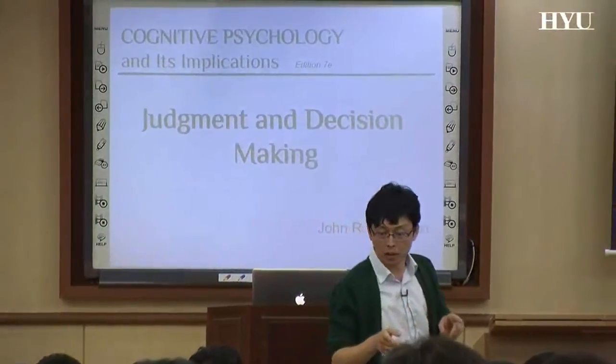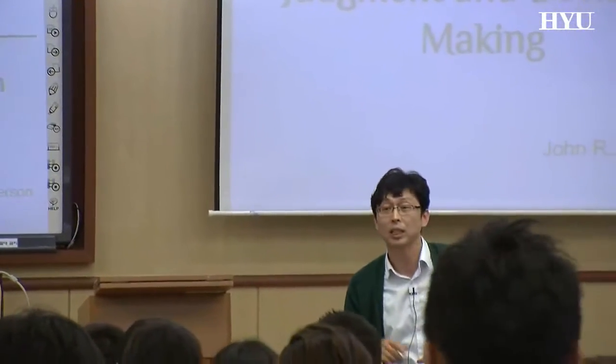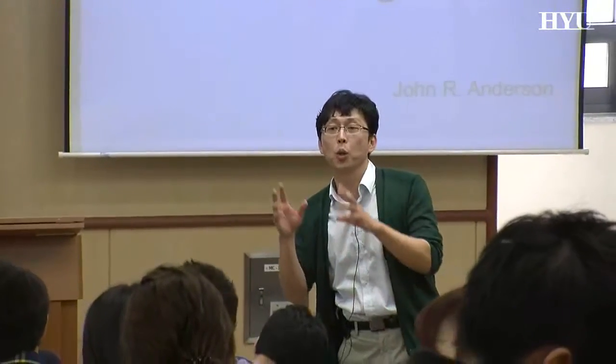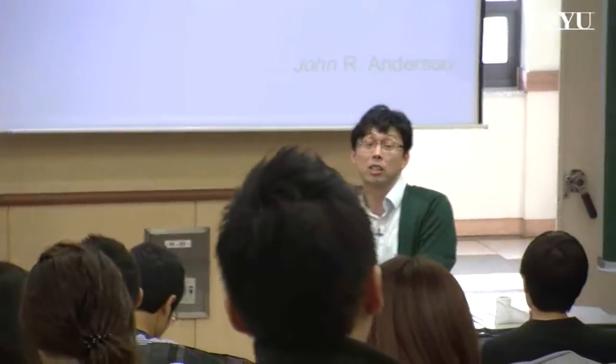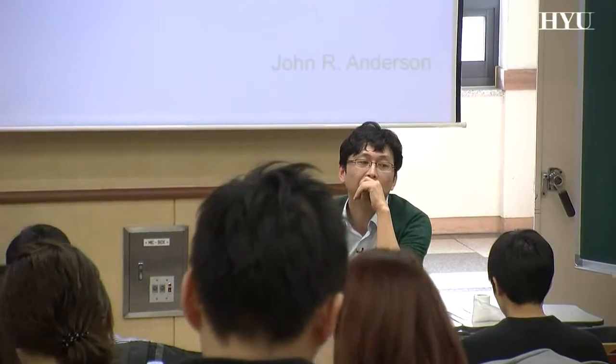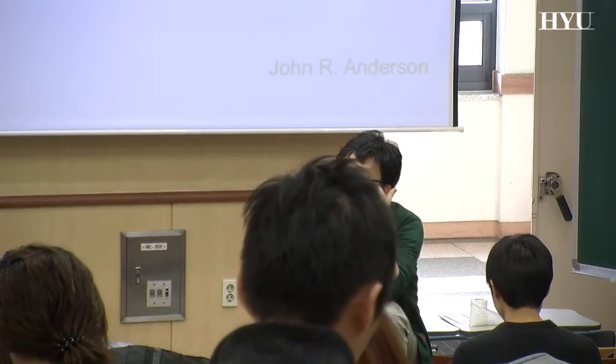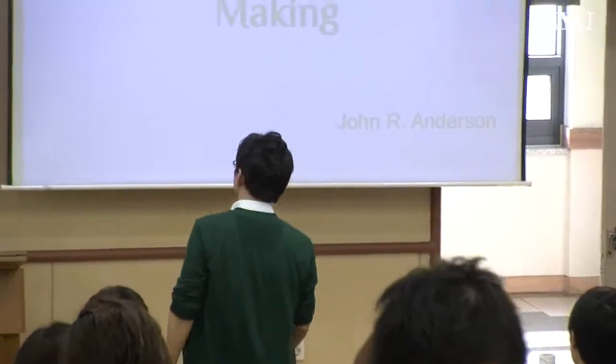We don't have chapter 10, so go directly to chapter 11, decision making. At the end of last week, I showed some examples of fallacy. Our judgment might be wrong. Why? That is the question. Why is our judgment not rational?